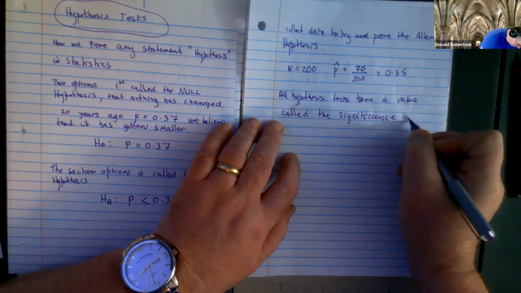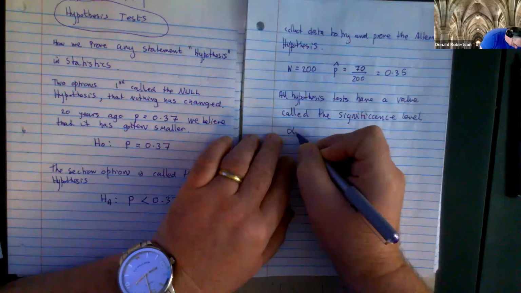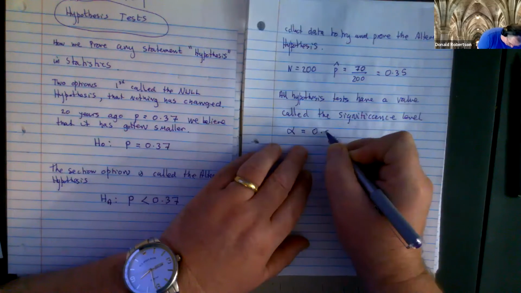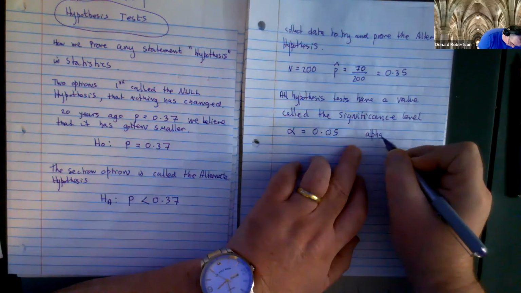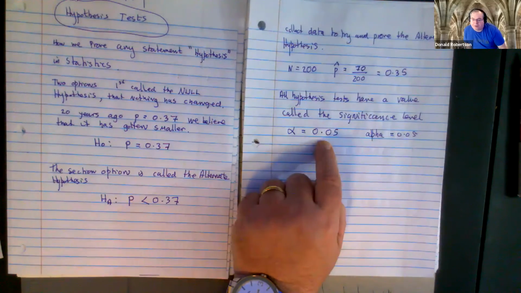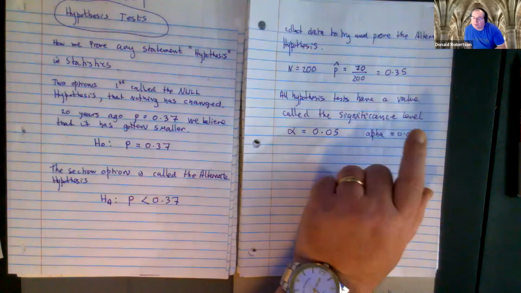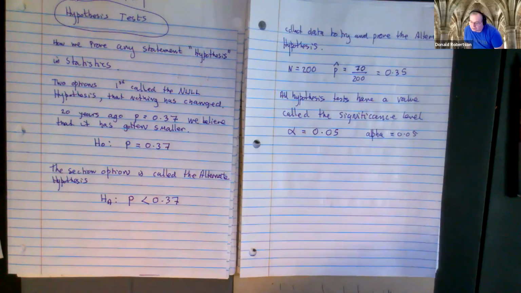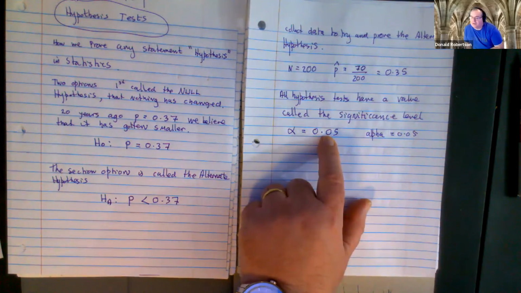And it's called alpha. And this is an example of it. So if you wanted to say that out loud, you would say alpha equals 0.05. If this number is unusual, that means the probability of it happening is small. Alpha is how small it needs to be before we're going to convict them.